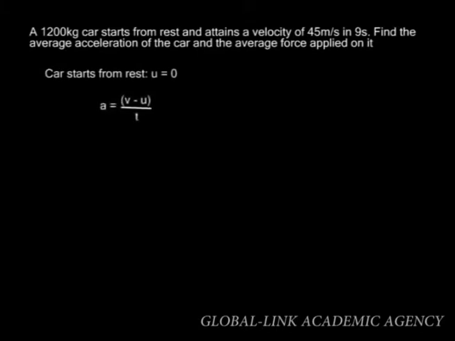Acceleration is equal to (v minus u) over t, which is equal to (45 minus 0) over 9, and that gives us 5 meters per second squared. From the expression F equal to ma, force is equal to 1,200 times 5, which gives us 6,000 newtons.